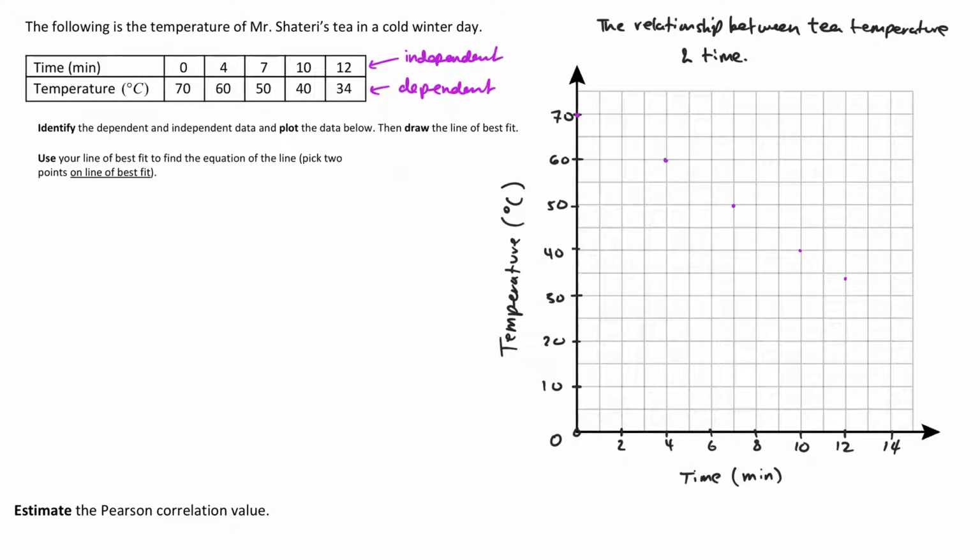And finally, I have to draw the line of best fit. A line of best fit is a straight line that tries to go through all the points, and if it can't go through all the points, it will try to model the points as best as possible.